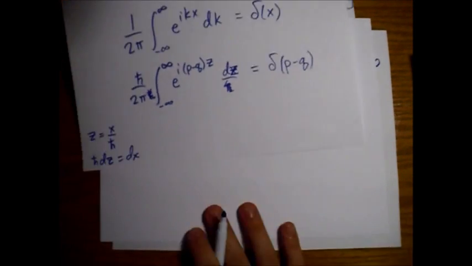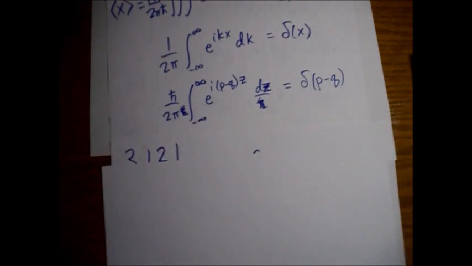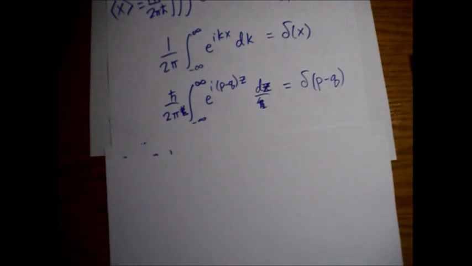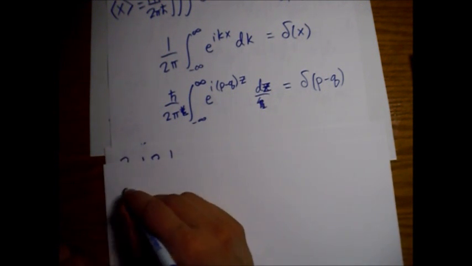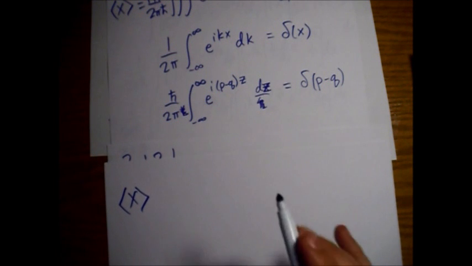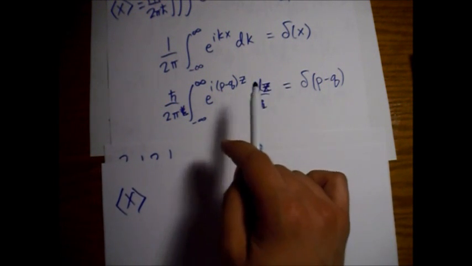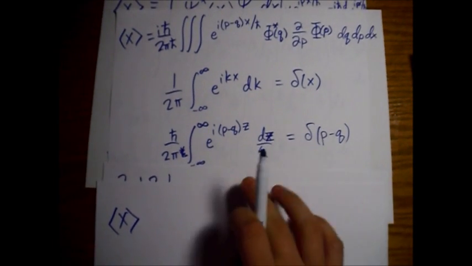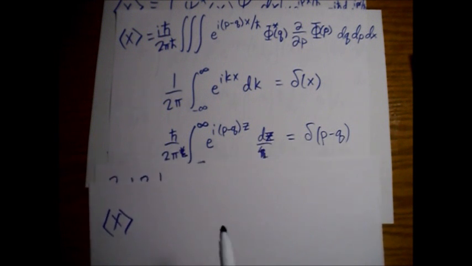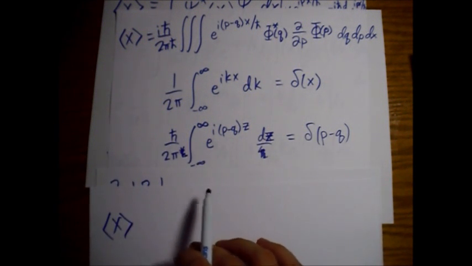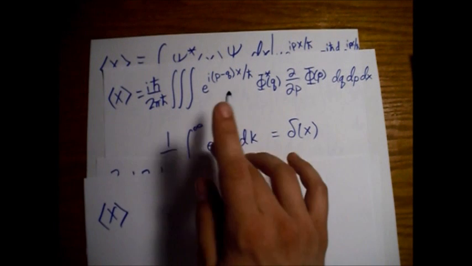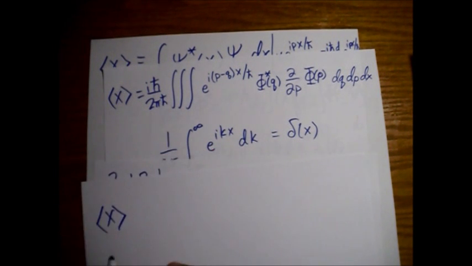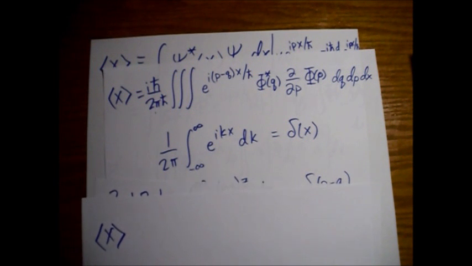All right, let's go ahead and put this in. This takes care of our x integration, and when we put this in, we'll get rid of this ħ and 2 pi down here.